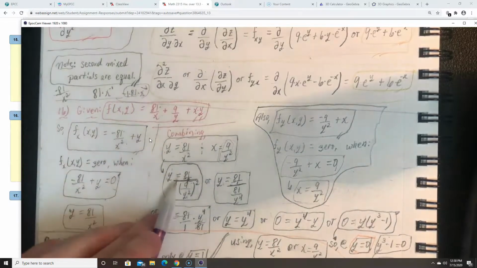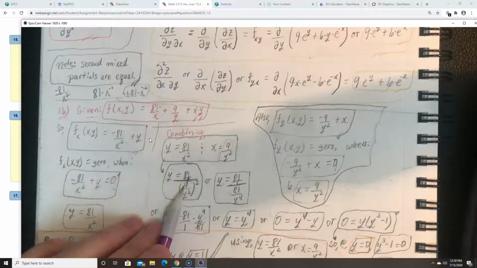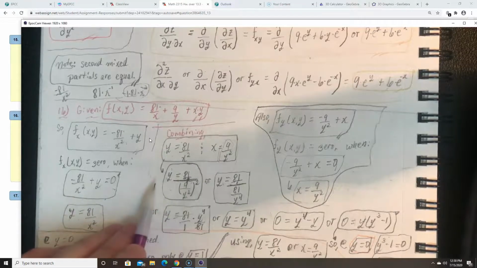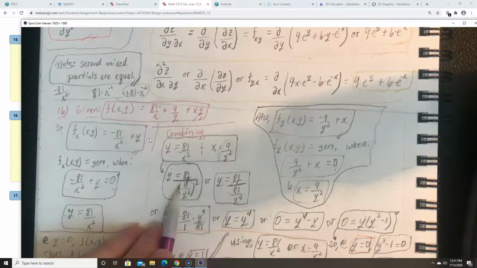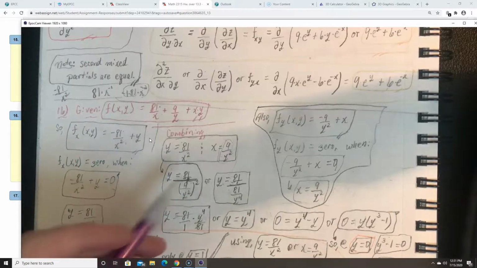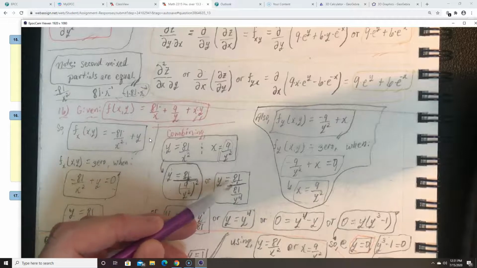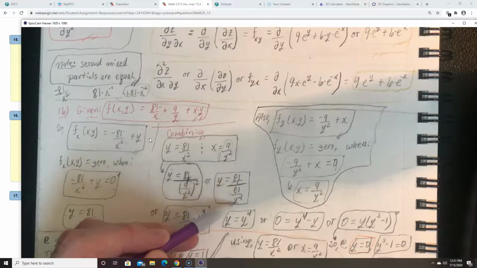So 81 over 9 over y squared. I put an 81 over 1. 9 squared is 81. Y squared is y to the 4th. So we get 81 over 1 divided by 81 over y to the 4th. Well, you have a fraction divided by a fraction.